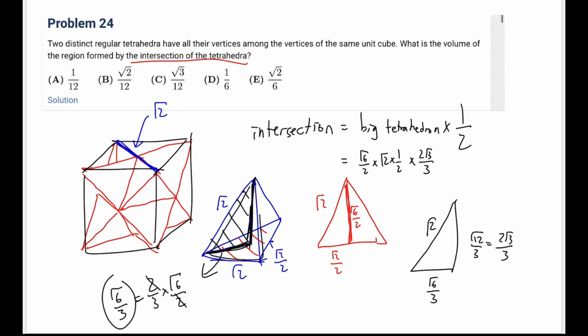And then since it's a pyramid, this would be times 1/3, and then we need to do this 1/2. This should be a bit smaller, yeah.